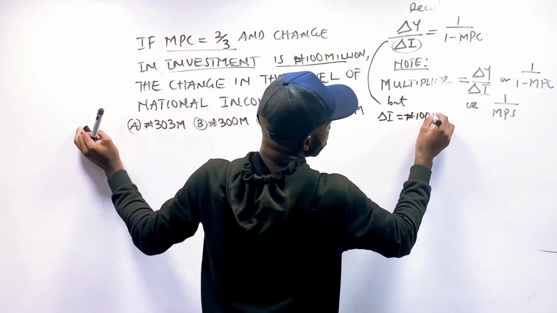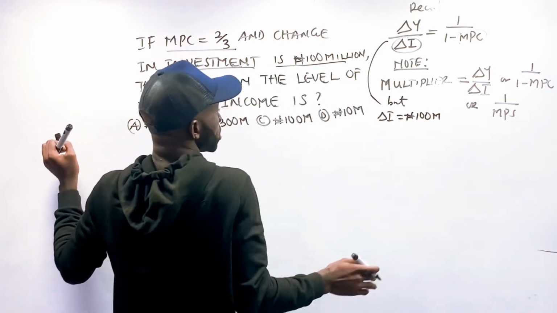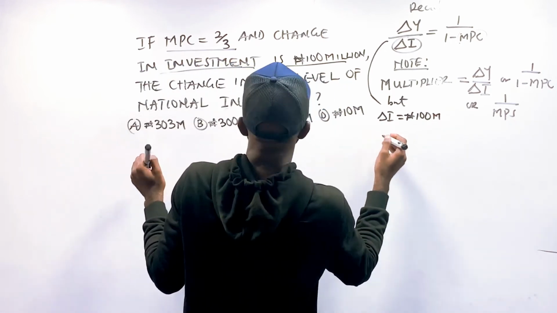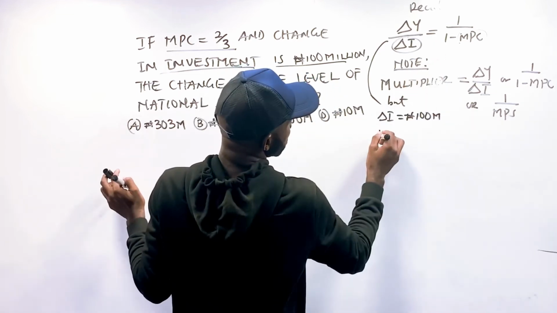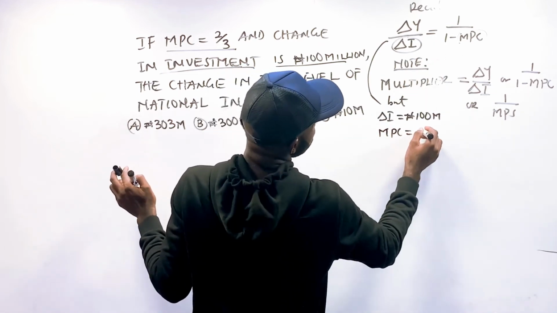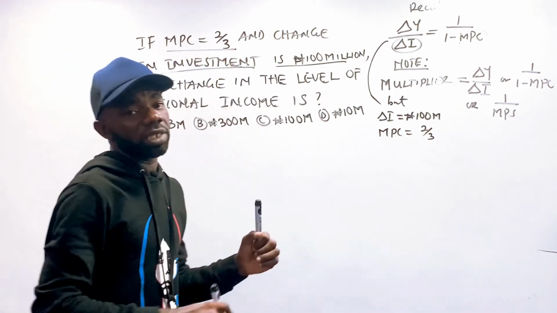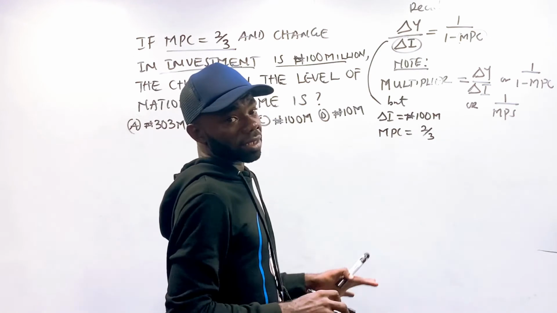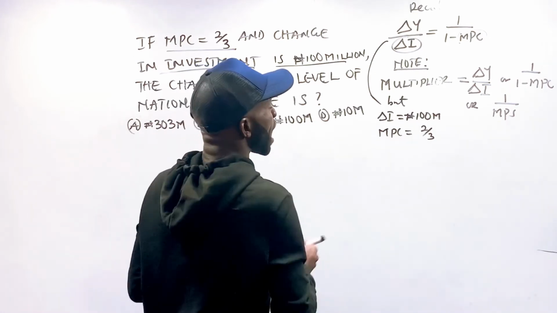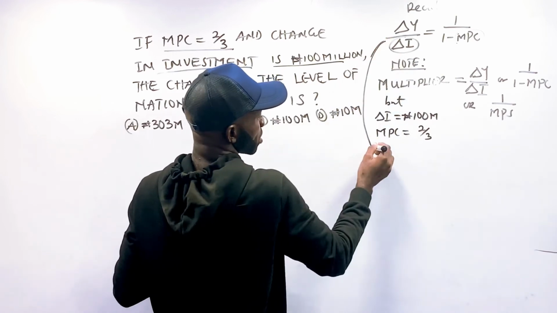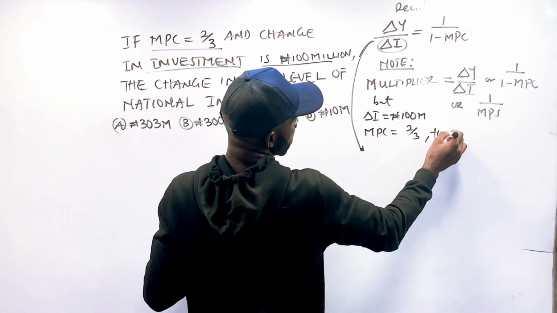So if this is 100 million, we're going to ignore the million and I'll bring it back when we have to find our answer. Now MPC is equal to 2 over 3. And this is not the regular way of representing MPC, but we can use it like that to avoid the use of a calculator.